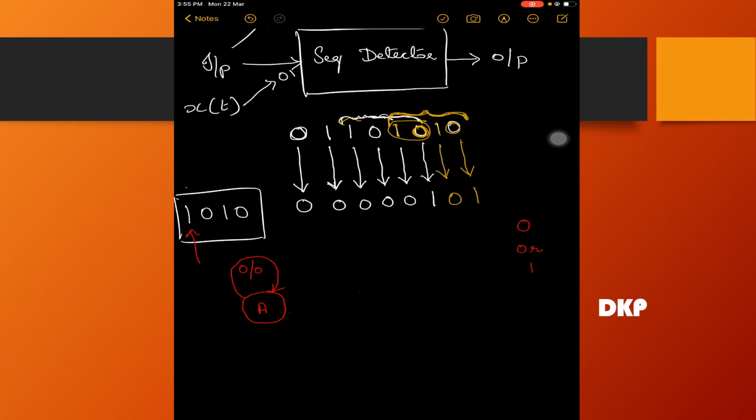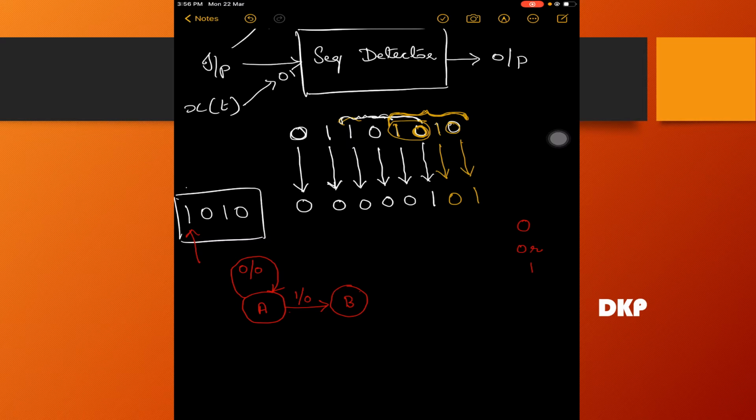So, the machine goes to the next state, state B, and outputs 0. The input given is 1, the output is 0. Why is the output 0? Because the sequence has not been detected yet.